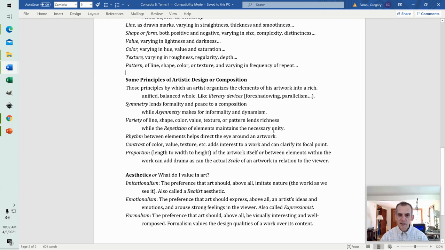Repetition helps to unify something. Rhythm helps to move our eyes through an artwork. Contrast can clarify the focal point, where we're supposed to look, adds interest and drama, really. Proportion also adds drama, and so can the scale.